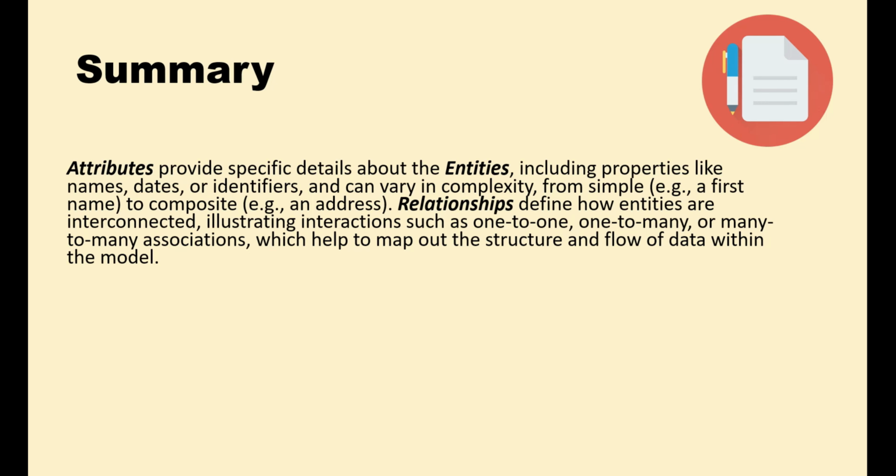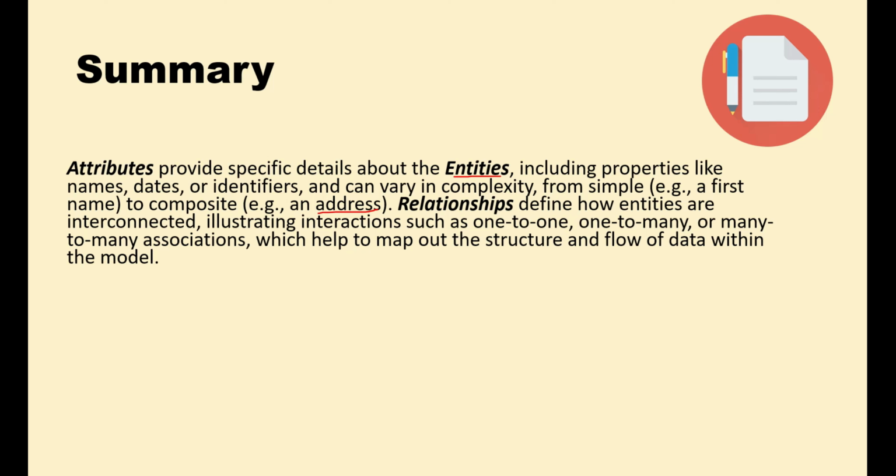So, quickly summarizing: attributes provide specific details about the entities, including properties like names, dates, or identifiers, and can vary in complexity from simple to composite. That means simple can be first name and composite can be address. As we saw, address can go to multiple levels.